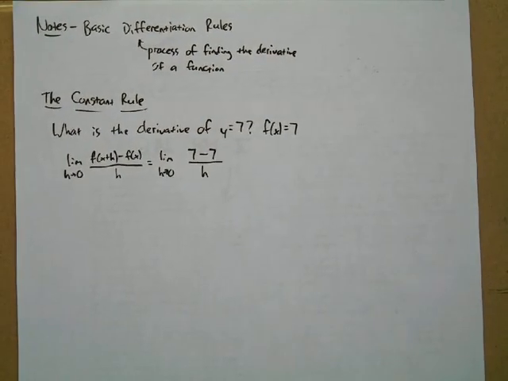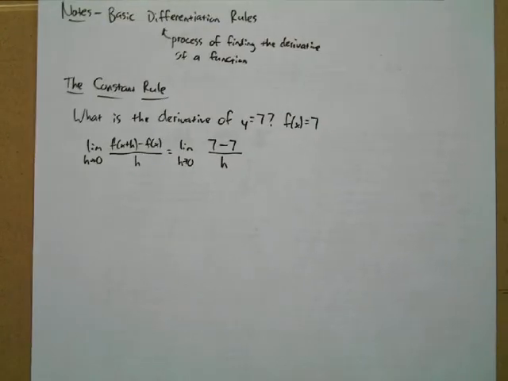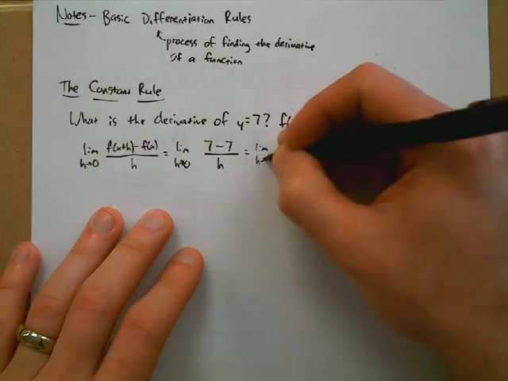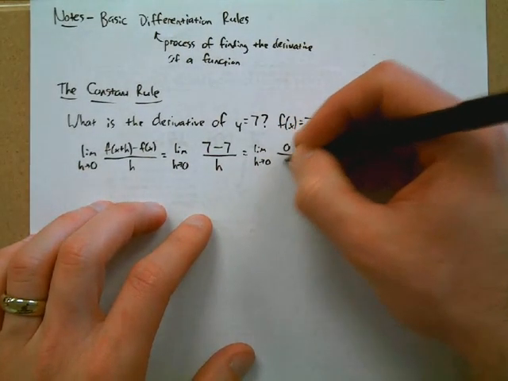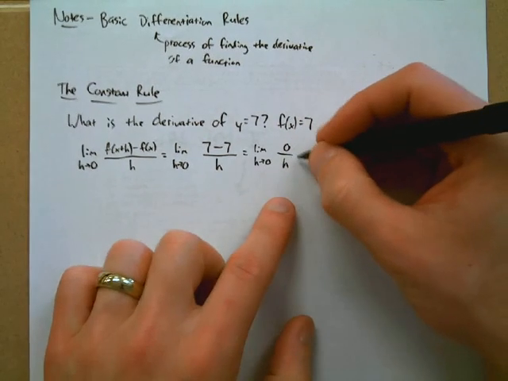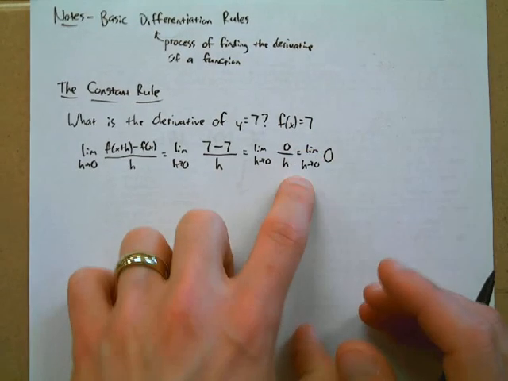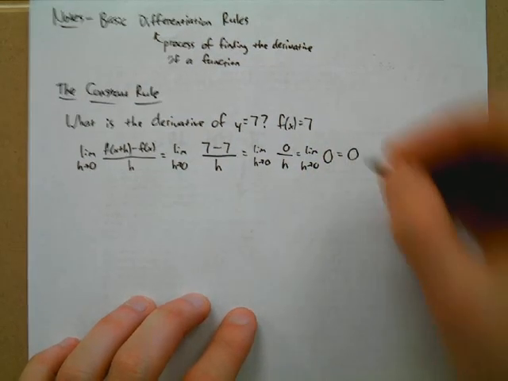It's always 7. And so we can simplify this. What's 7 minus 7? 0. What's 0 divided by h? Still 0. And so what is the limit as h approaches 0 of 0? 0. No surprises there. We get 0.